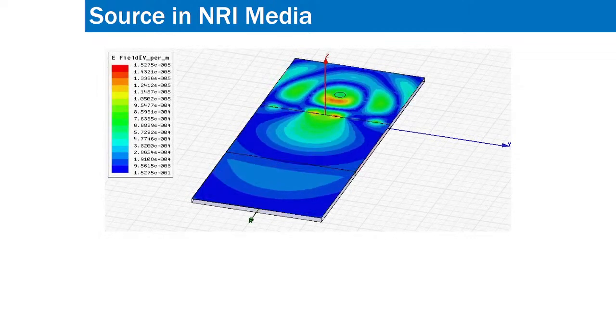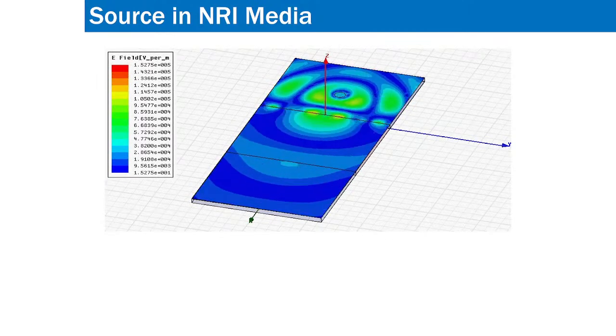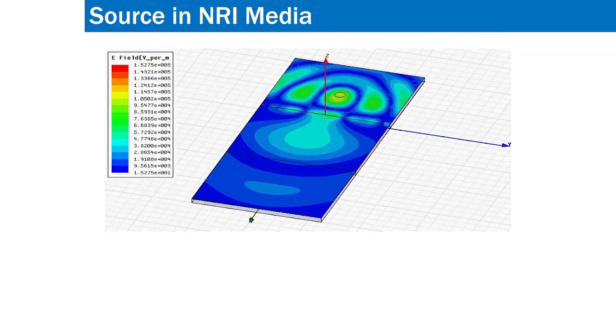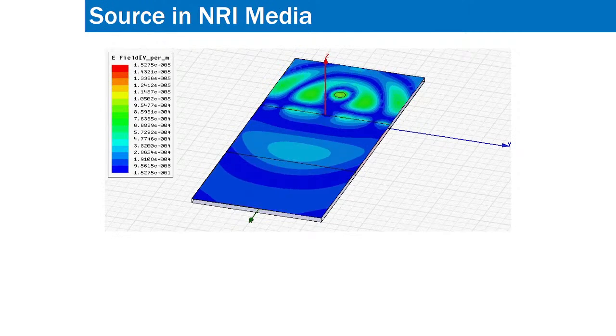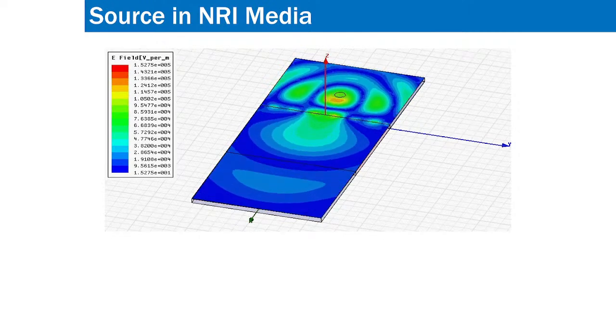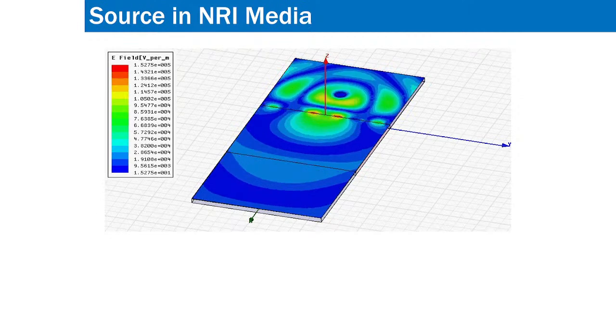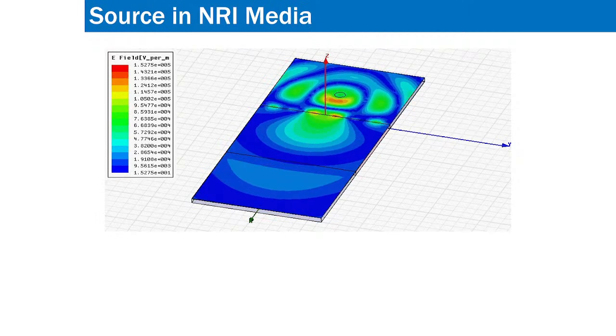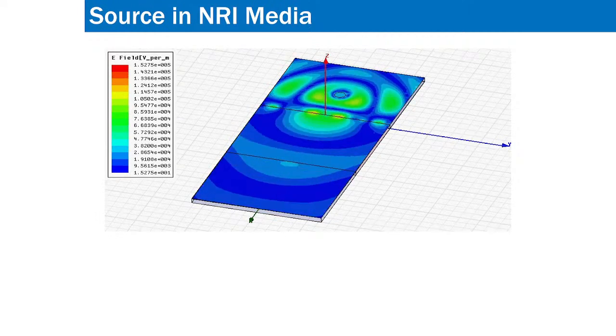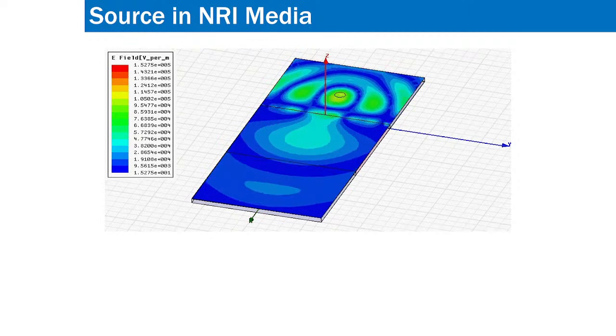Now suppose we have a source in negative refractive index media, NRI media. If we have a source inside the negative refractive index medium, what happens is what we are seeing here in the simulation. When it comes to the RHM medium, or right-handed medium, or positive refractive index medium, which is beyond the YZ plane, the source is towards the x-axis.